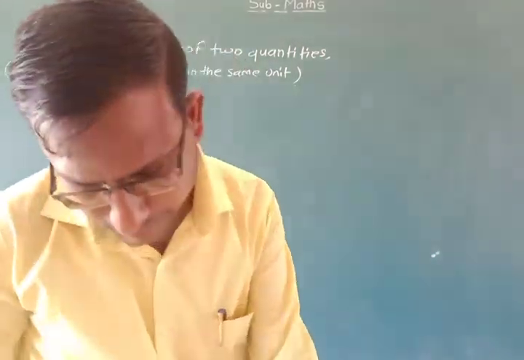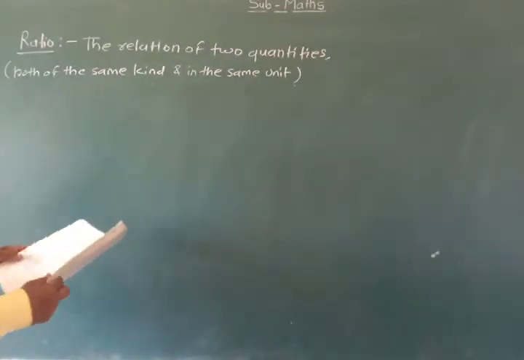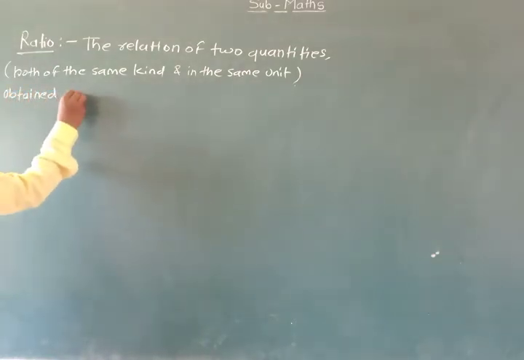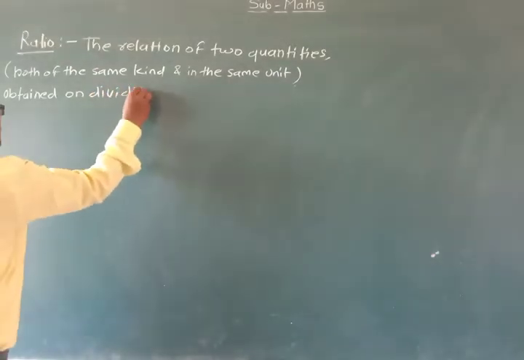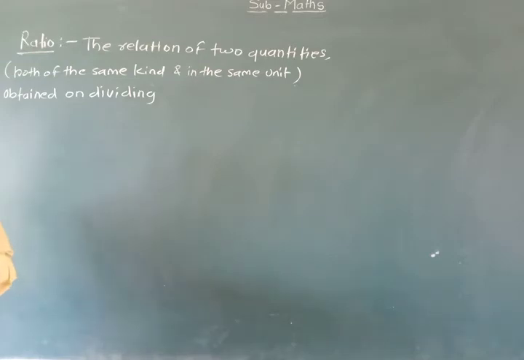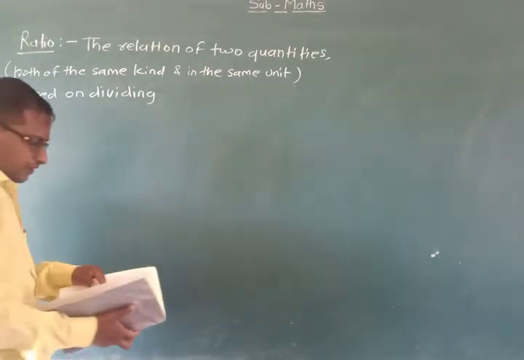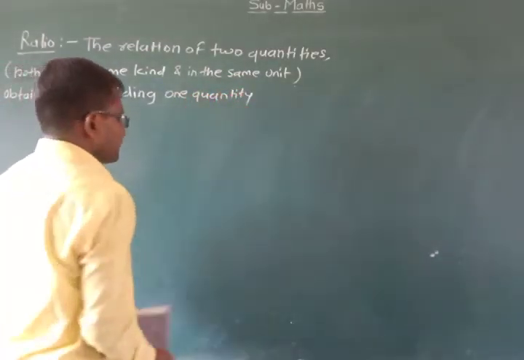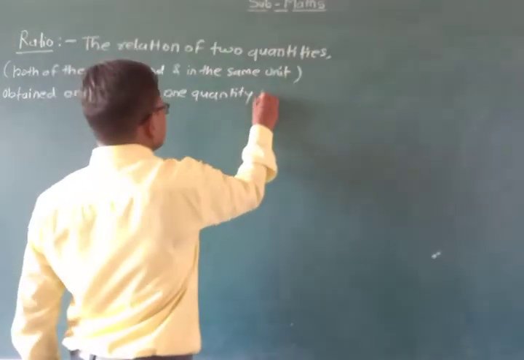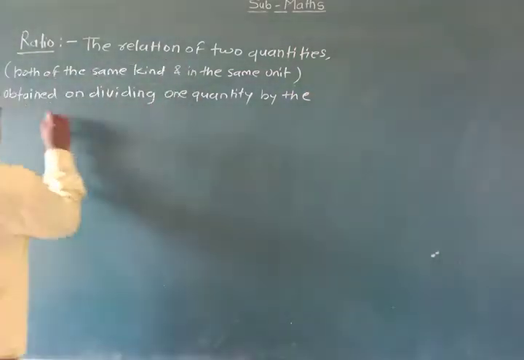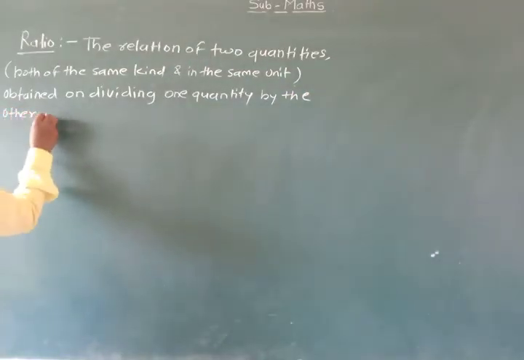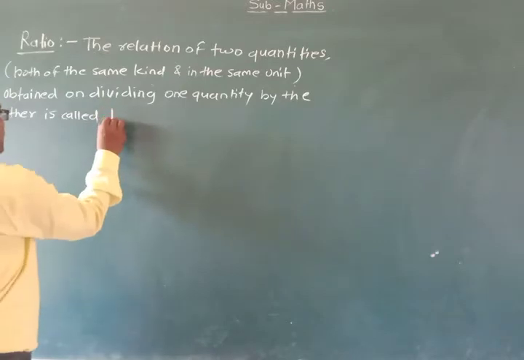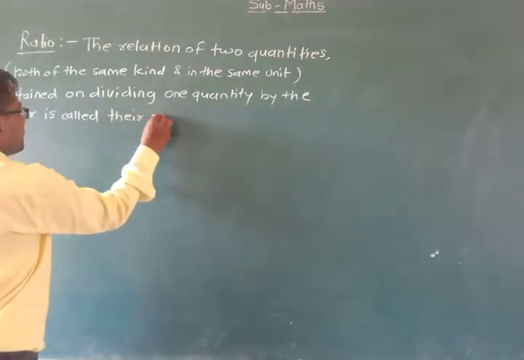Obtained on dividing one quantity by the other is called their ratio.